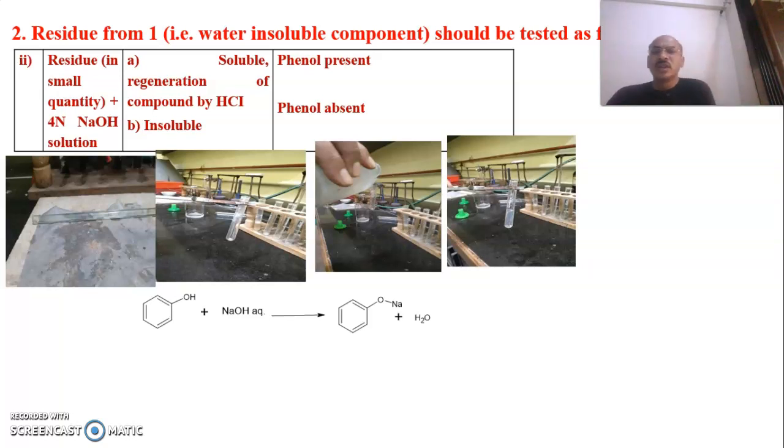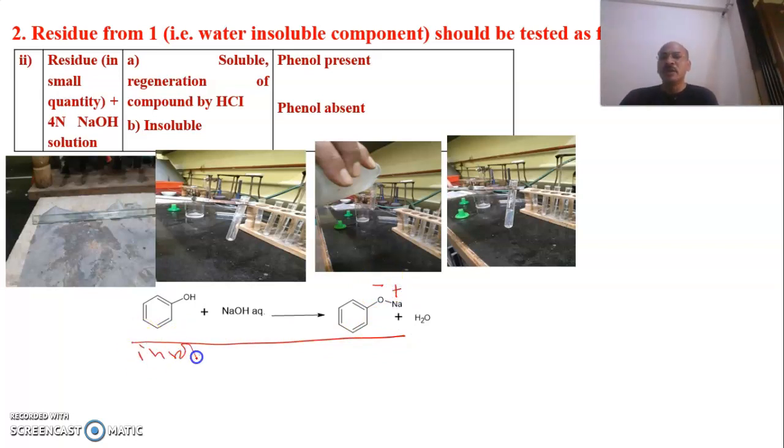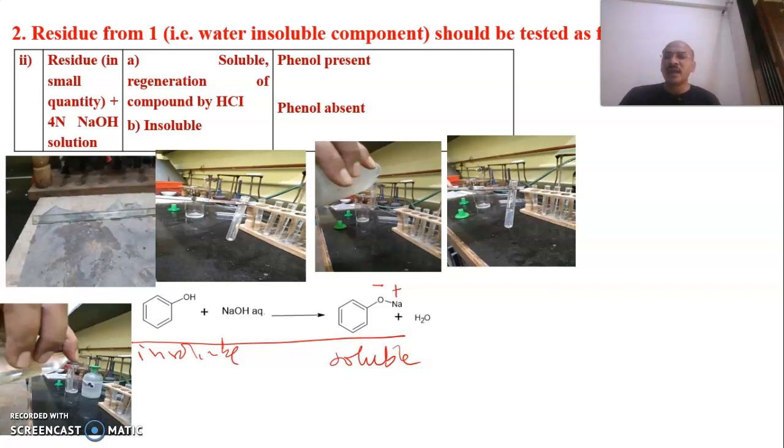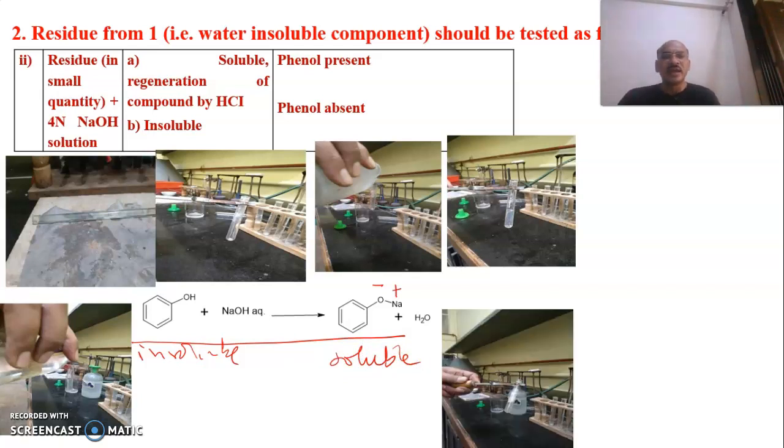This is the reaction where there is a formation of salt, sodium phenoxide. The phenol will be insoluble, but this salt will be soluble. Then we will confirm it by regeneration, and for that we will add HCl, and here there is a regeneration of that compound.